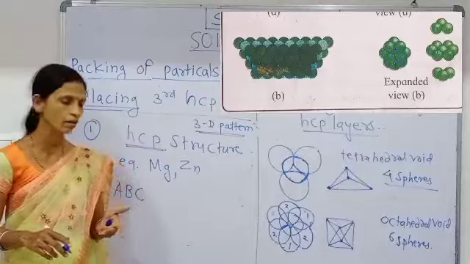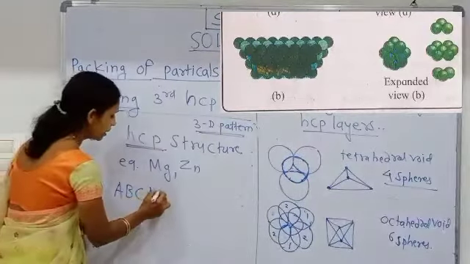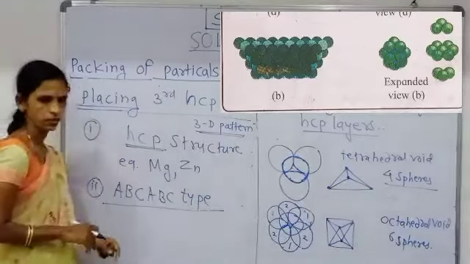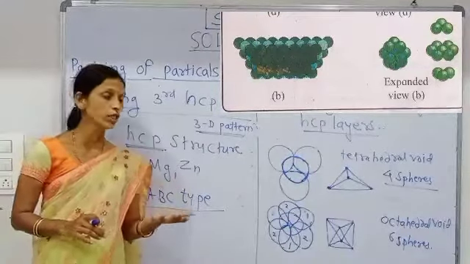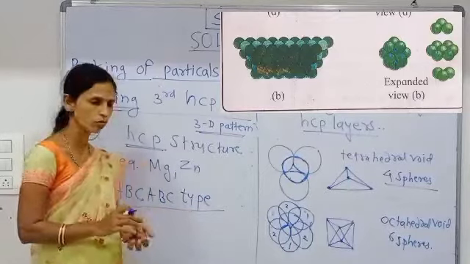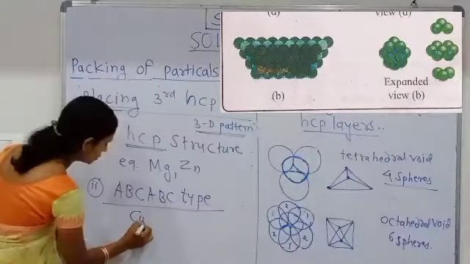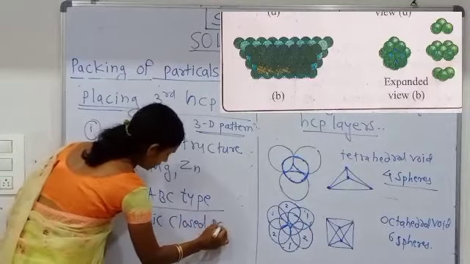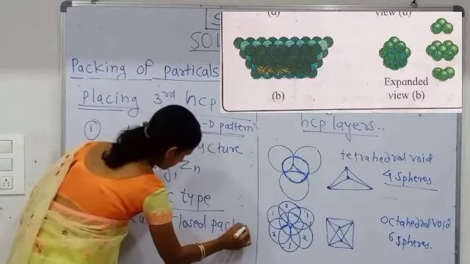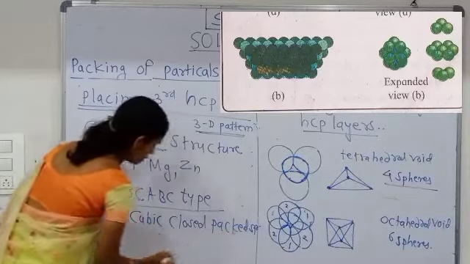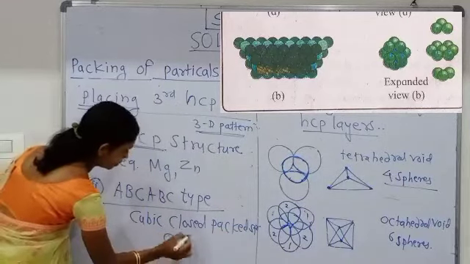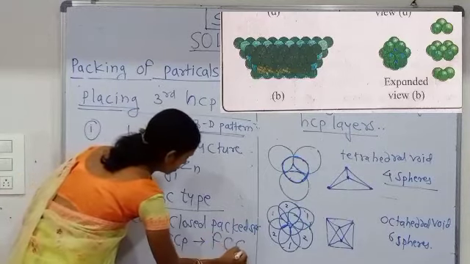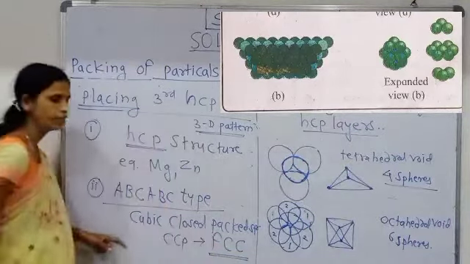Therefore, the ABC type pattern formation takes place, which results in the formation of the cubic close packed structure, that is CCP, which results in the formation of the face-centered cubic unit cell.